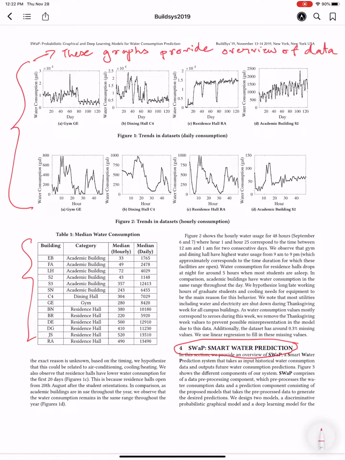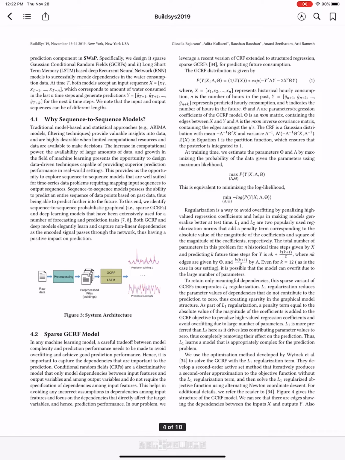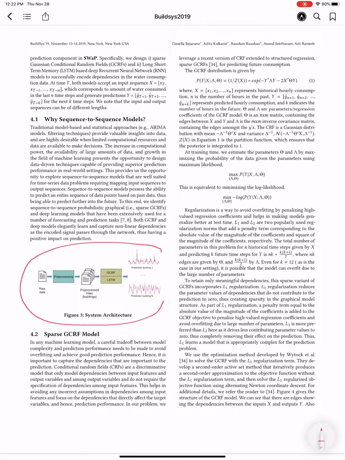Now, when you then go ahead and show your contribution in the next section, which in this case is our smart water prediction framework in section 4, one thing that you will see here is we draw this diagram. Diagrams are very important. It provides an overview of the system, or what we are trying to achieve.